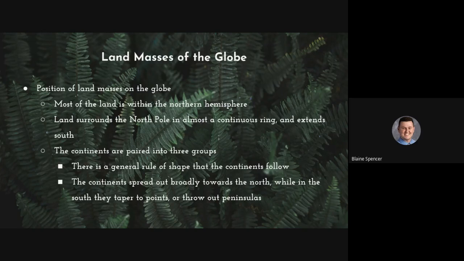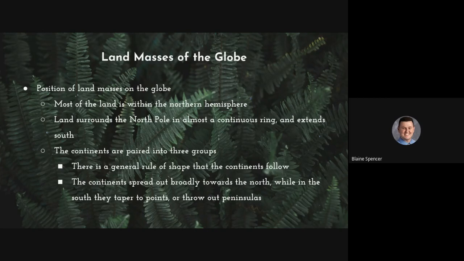We'll break this down further once we get further in. But it joins everyone together up north. It's easier to travel. It's easier to trade. It's easier to communicate with the northern continents. We've seen this throughout history.